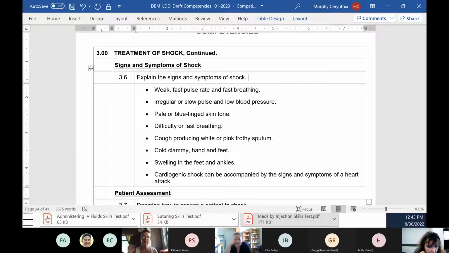I don't think it's critical. I think whatever is going to help people recognize this progression as quickly as possible. I do think it's helpful to know the difference, especially for people that are doing this initially. But again, I don't have strong feelings. And on some of these things, white and pink frothy sputum is not a sign of shock.